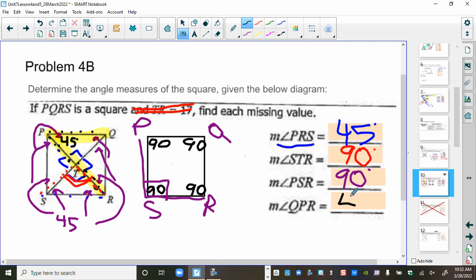So again, with your squares, it's a right angle or it's 45. It's 90 or 45. Those are the only two numbers I better see.